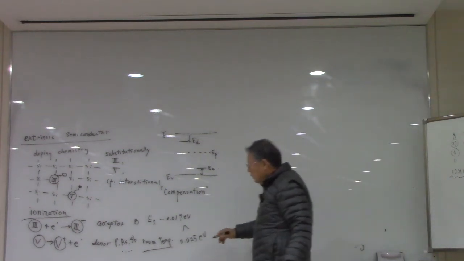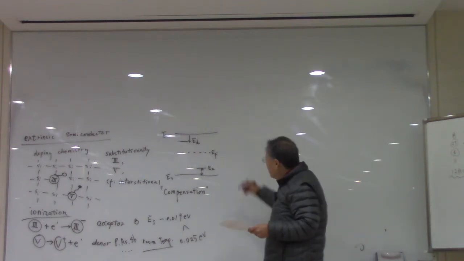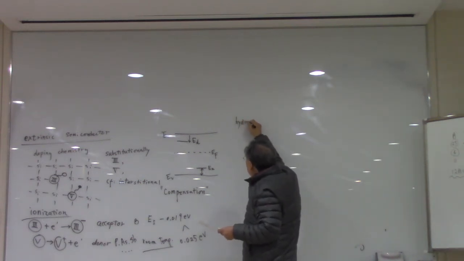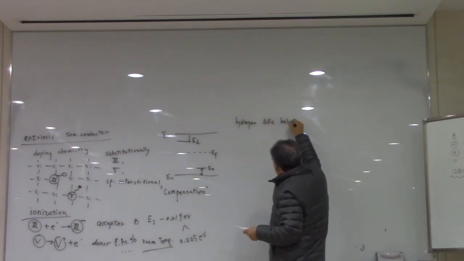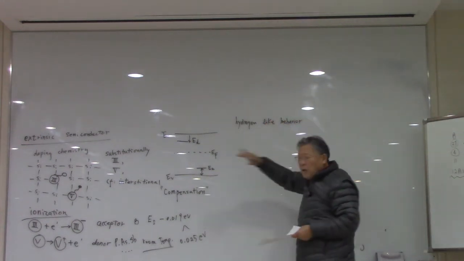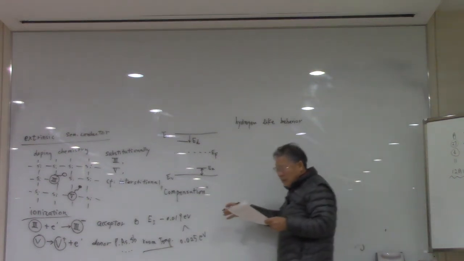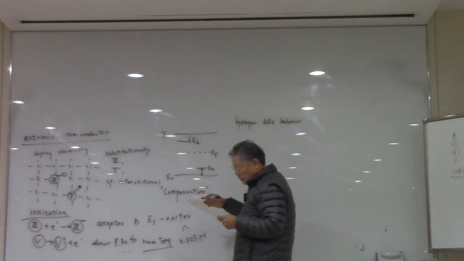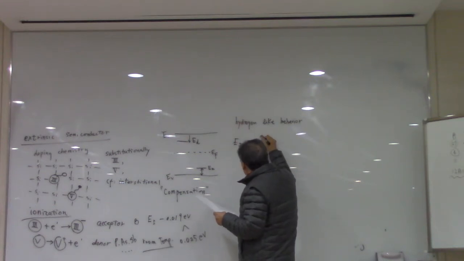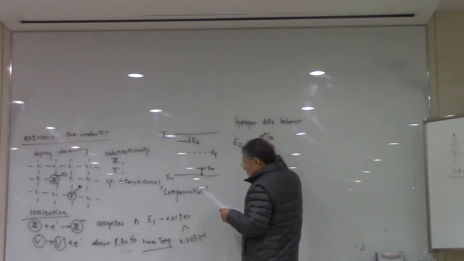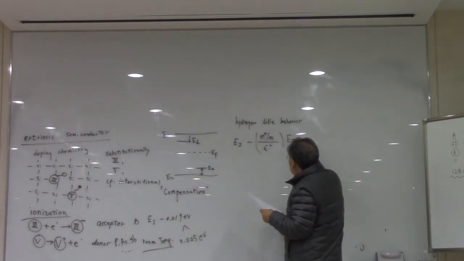And these donors and acceptors behave in a hydrogen-like way. Because only one electron or only one hole is connected to these dopants usually, the ionization energy can be represented like a hydrogenic model.